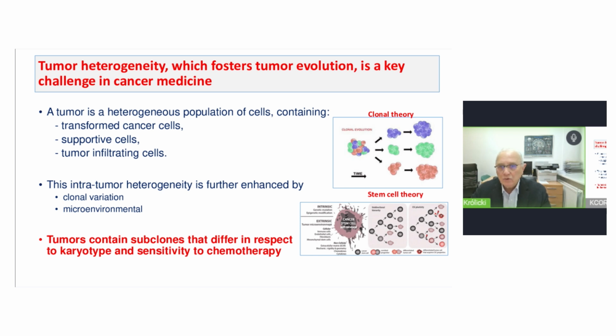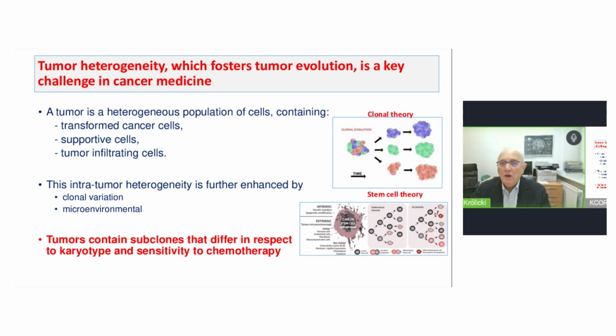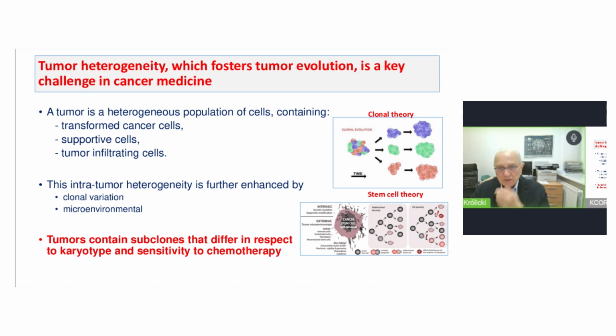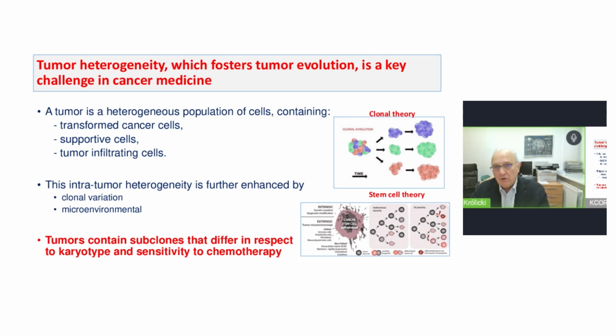There are different theories. One is the clonal theory: cells are mutated, and there are cells that will be immune to specific types of treatment. A cell clone will become non-sensitive to our actions, and then the disease will develop, although some drastic therapy can be started.